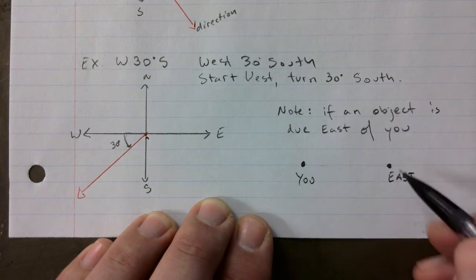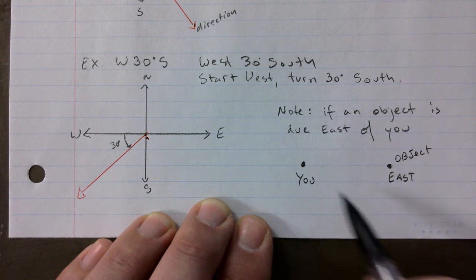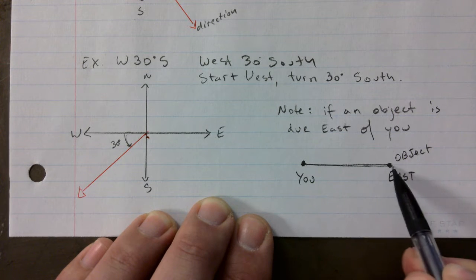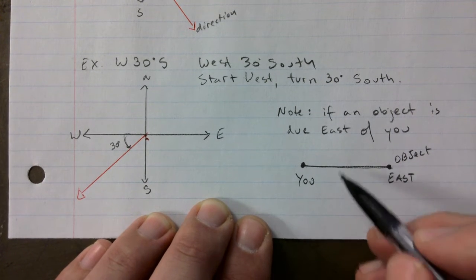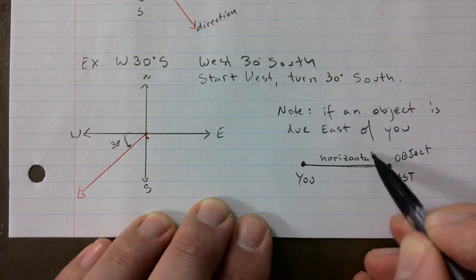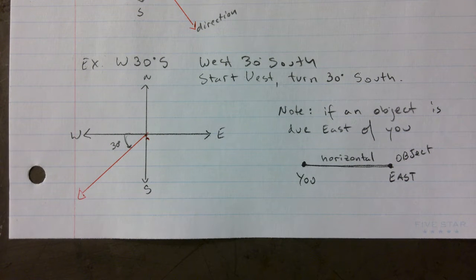So this is the object. It's directly horizontally next to you. I'll say horizontal. There's a horizontal line between you and that object.